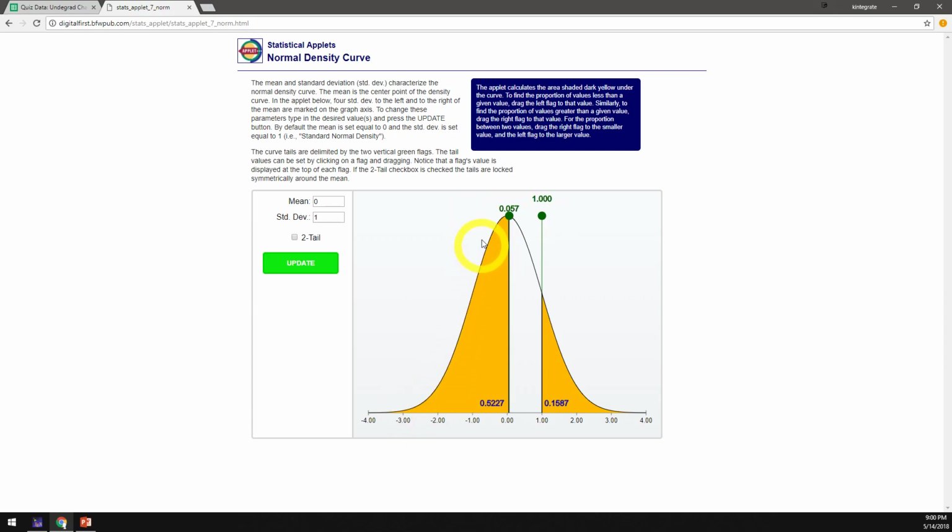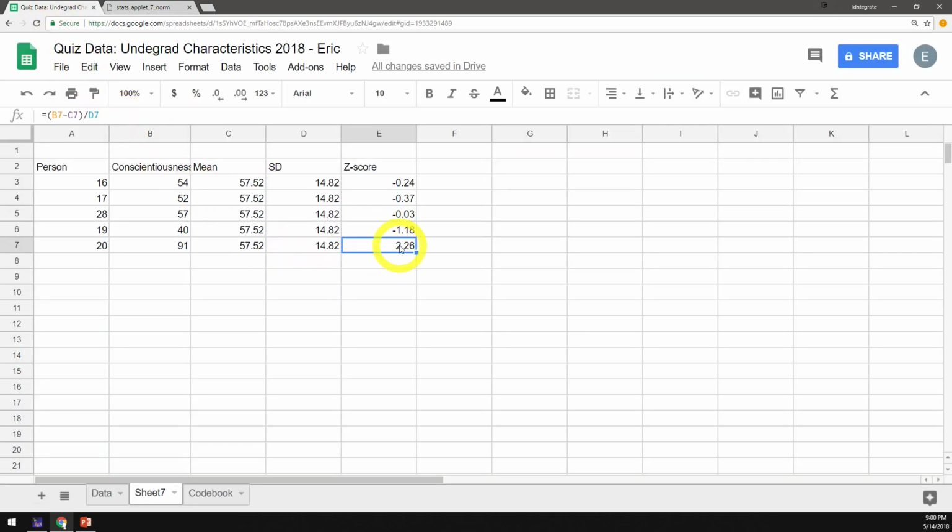You can see the bell-shaped curve. In the middle of this distribution is 0. And then -1 and 1 correspond to 1 standard deviation above and below the mean. So we want to know what proportion of individuals fall below this 2.26.